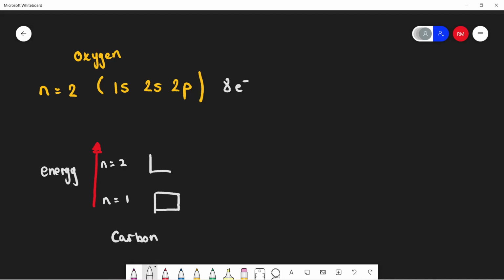So here's our 2s, then we have our 2px, then our 2py, and then our 2pz. Let me just label these 1s, 2s, and oh, this was poorly thought about, wasn't it? The 2p obviously has a higher energy than the 2s. Here we go, 2p.